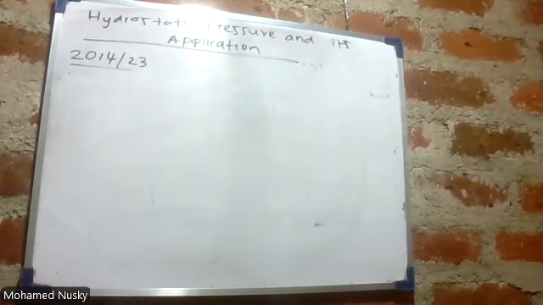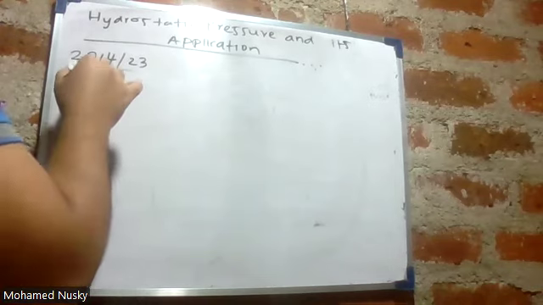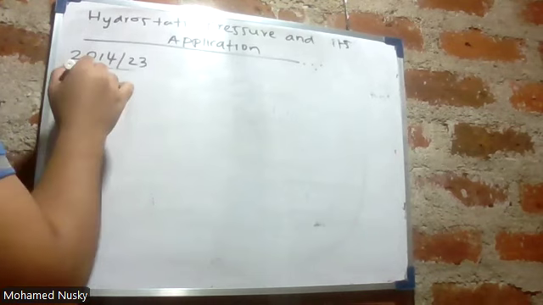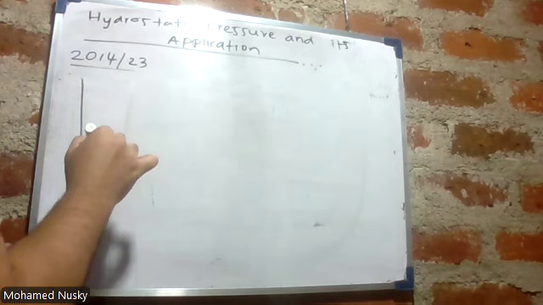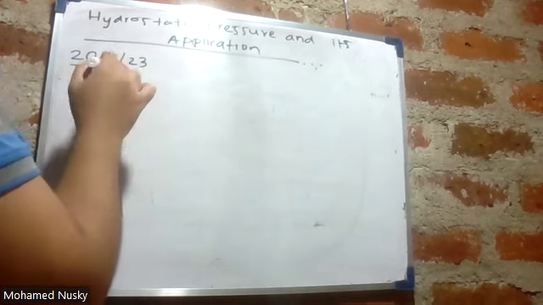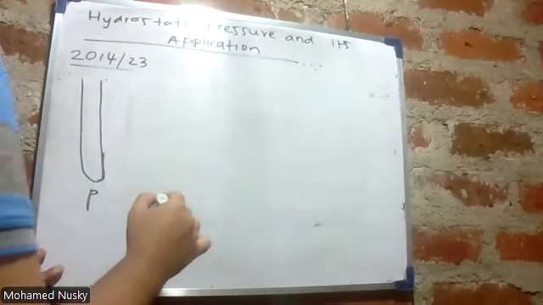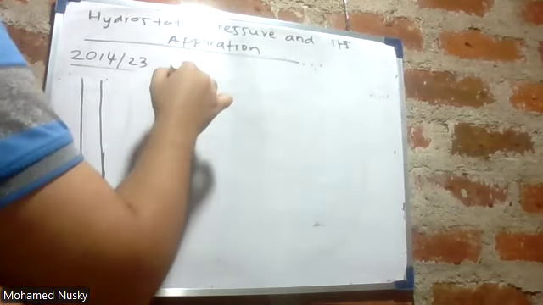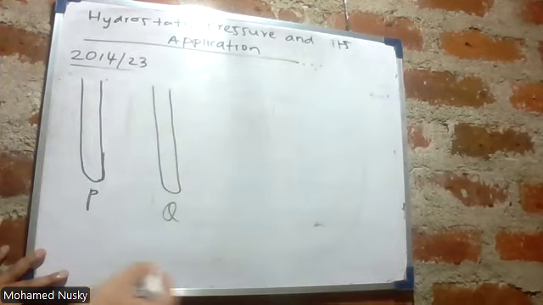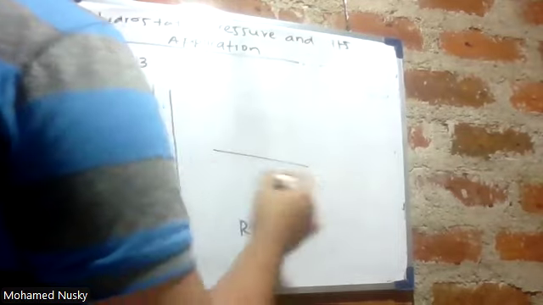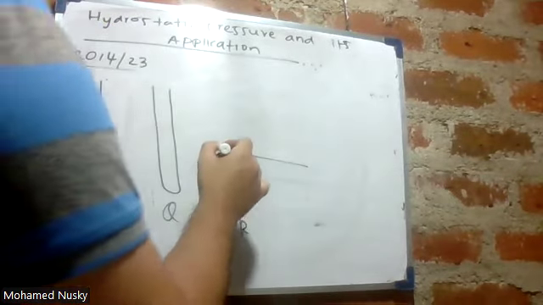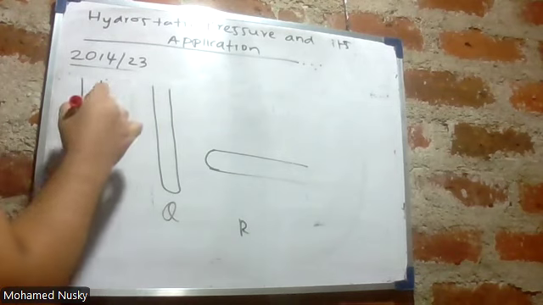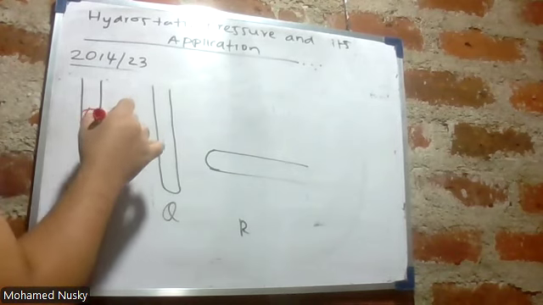Now, in this practical, you see the P1, P. Here we have P. And then there is another one, Q. And there is another one, R. It is 5 centimeter.